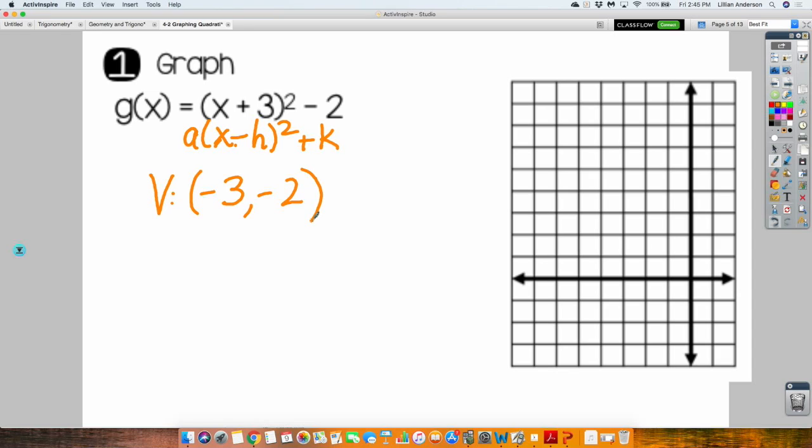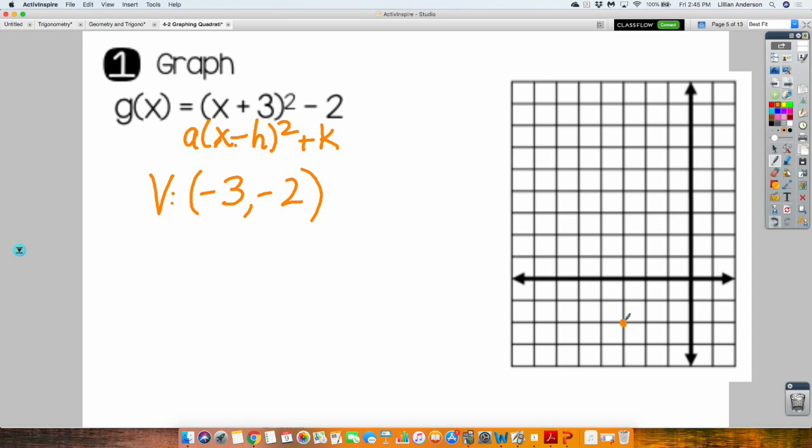So we identify it and we plot it. So -3, -2. And then we can either make a table or we can follow the pattern. Which one would you like to do? Follow the pattern. Okay, I'll do the pattern for number 1. I might make a table for number 2 so you guys can see it both ways, because some people may not like the pattern.